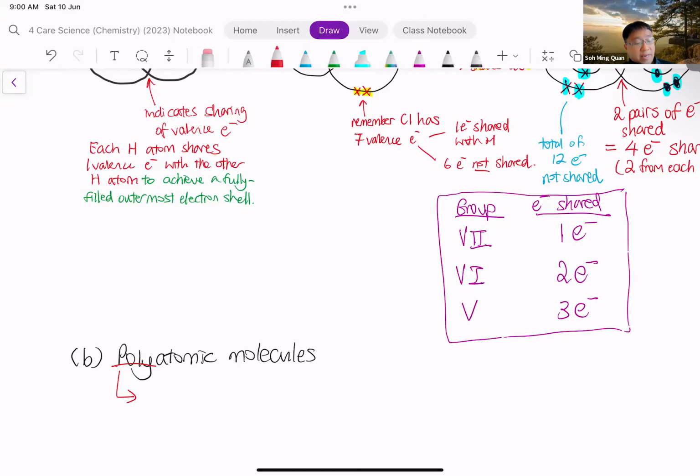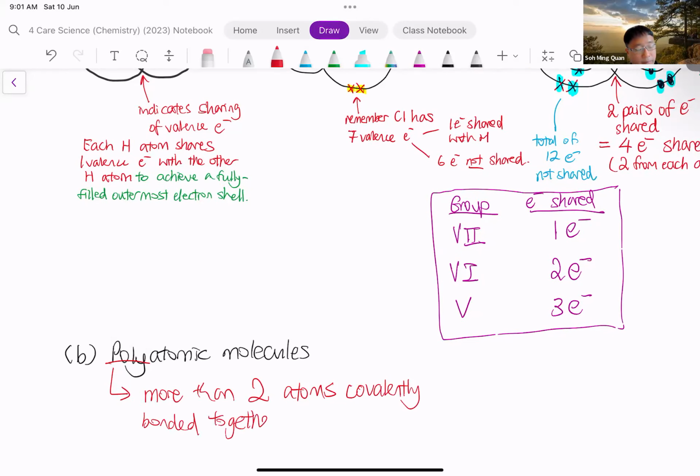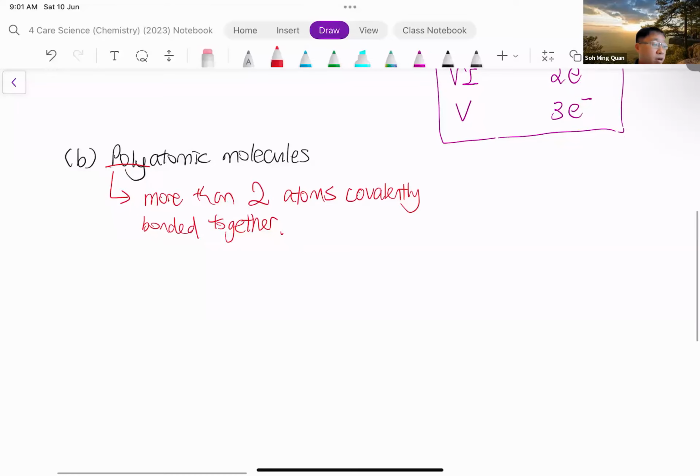So how many is many? Just now we had diatomic. So now polyatomic basically means more than 2 atoms covalently bonded together.